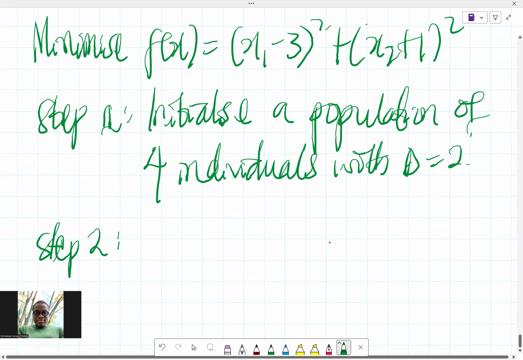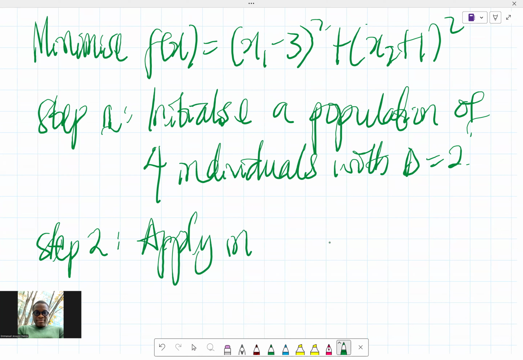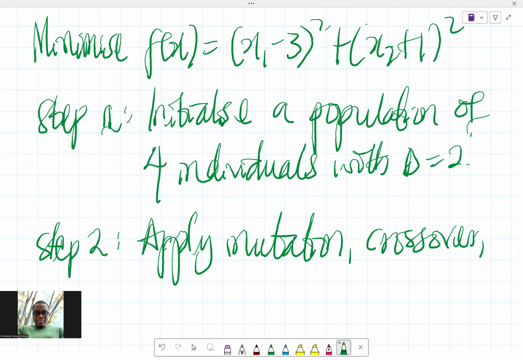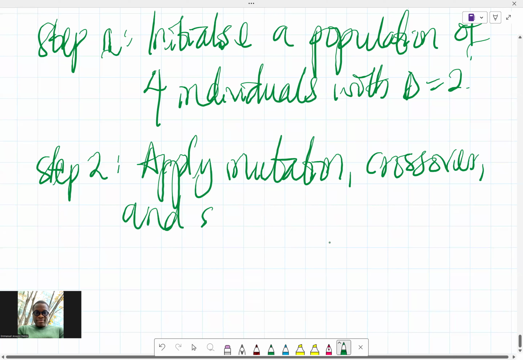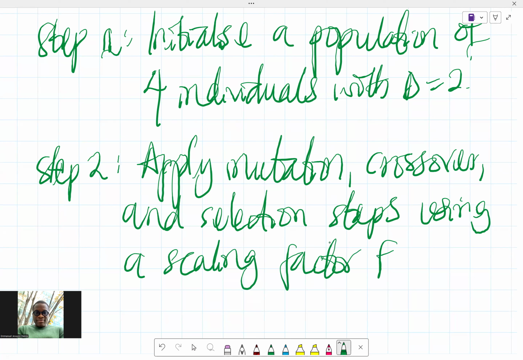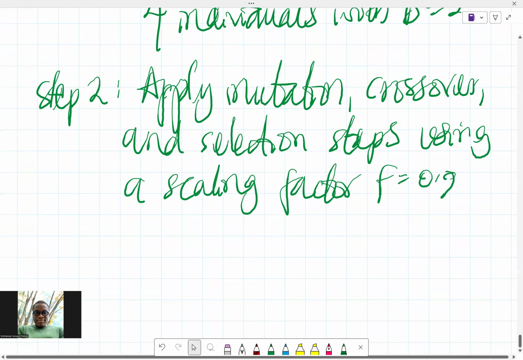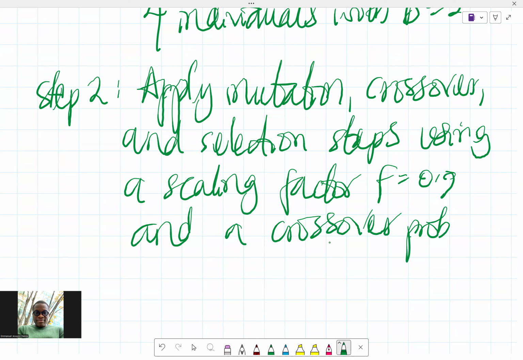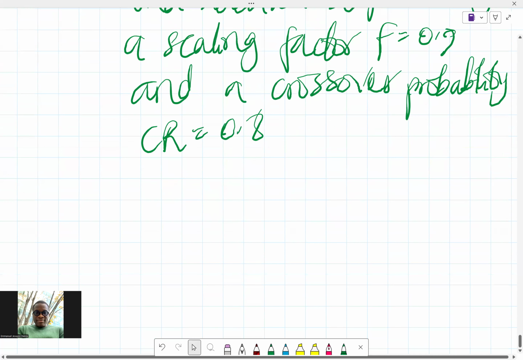Step two, apply mutation, crossover, and selection steps, using a scaling factor F equals 0.9 and a crossover probability CR equals 0.8.